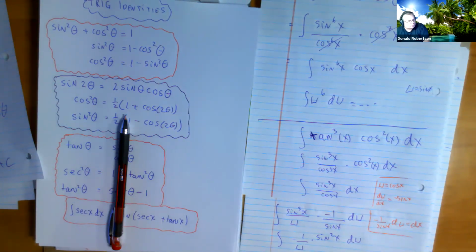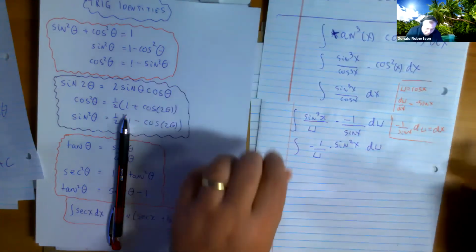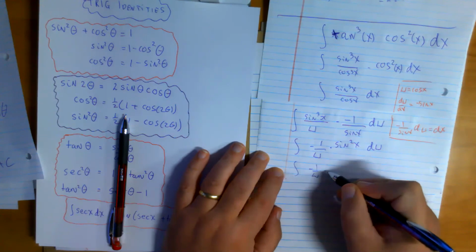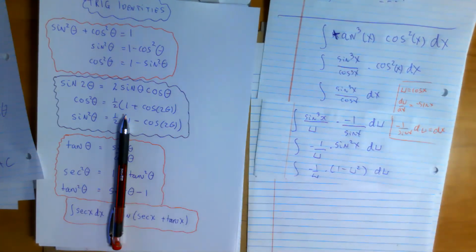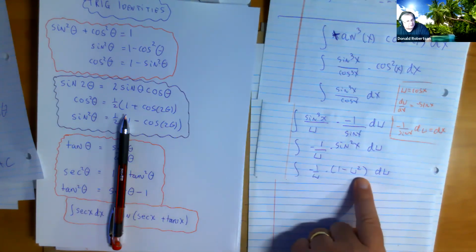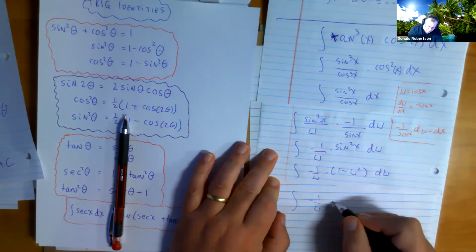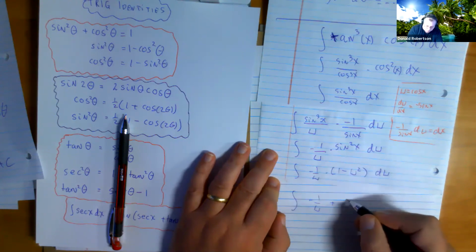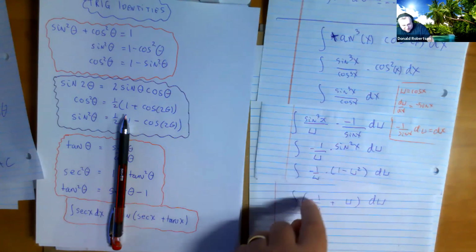Call them 1 minus cos squared. So then you end up with negative 1 minus u squared over u. Negative 1 over u, this guy. Distribute. You happy about that times that and that times that?